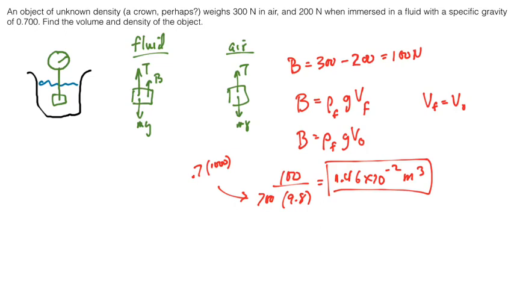Mass over volume. Good. And I know the volume. Do I know the mass? Yeah. I do? What is it? It's not 300. It's divided by g. We need it in kilograms, right? In air, the weight of this object is 300 newtons.